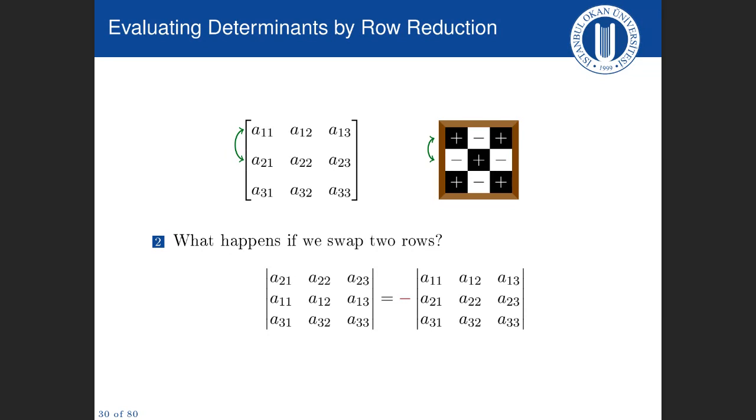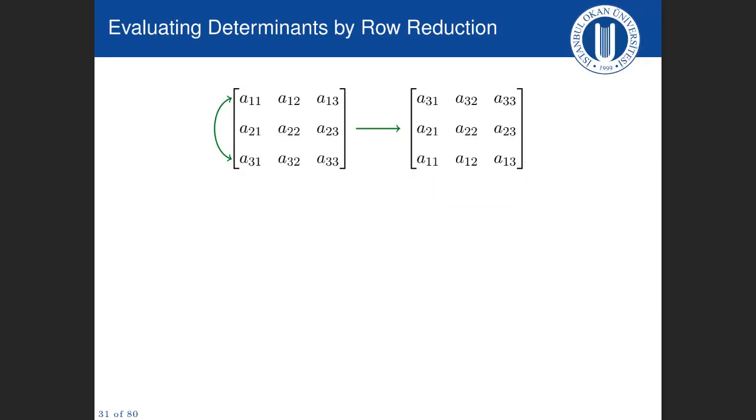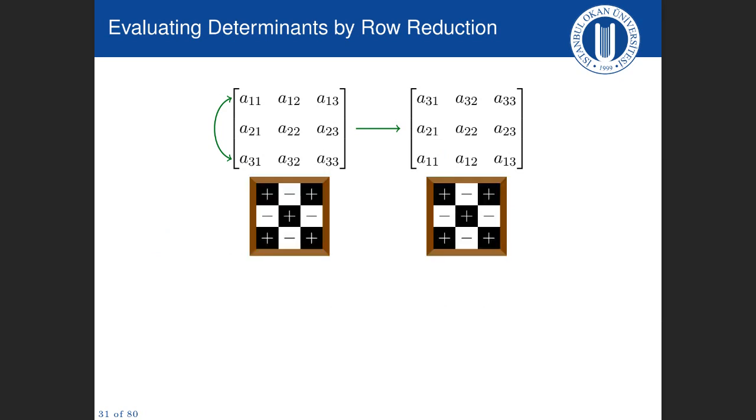Now, some of you might be thinking, wait a minute, what happens if we don't swap two rows next to each other? Well, let's suppose that we swap the first row and the third row. Then the checkerboard stays the same, right? Yes, the checkerboard stays the same, but what happens if we try to calculate the minor of entry A11?